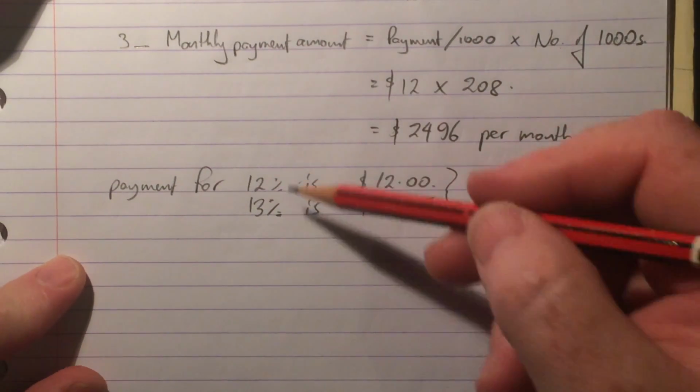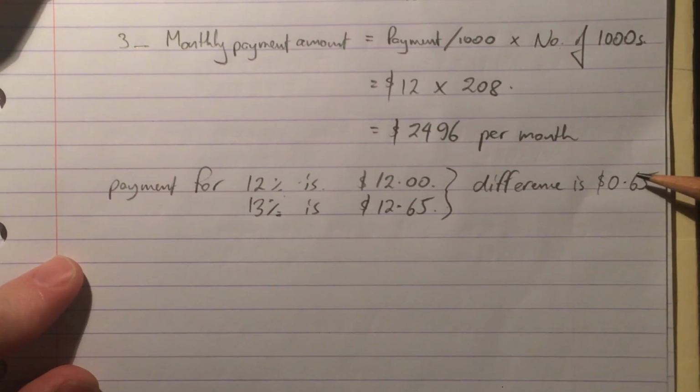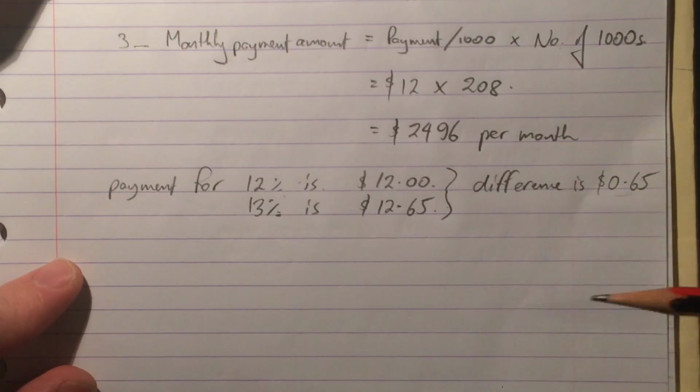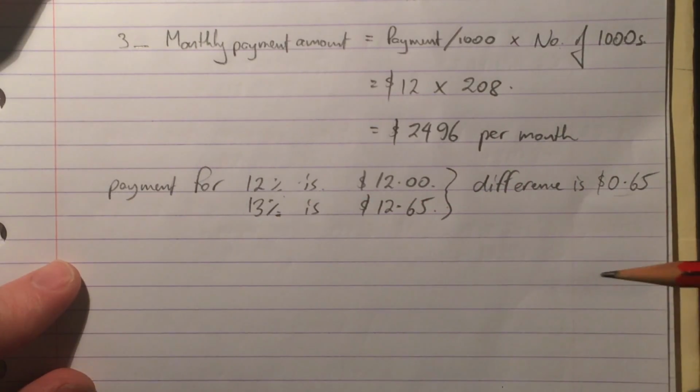Now, if we wanted 12.5%, we could just halve that 65 cents, get 32.5 cents, and add it on to $12. But we don't want 12.5%. We've been asked to calculate the payment amount for 12.3%.